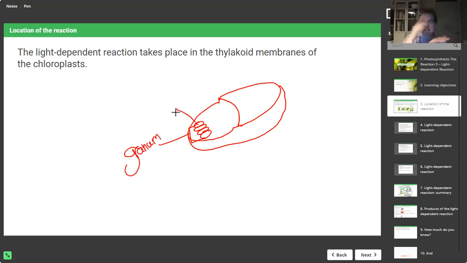And one flattened sac that's full of the photosynthetic pigment called chlorophyll is called a thylakoid. We've got lots of these stacks all over and they're joined together. And that is where the light dependent reaction takes place. So it takes place in lots of thylakoids all at the same time inside the chloroplast.